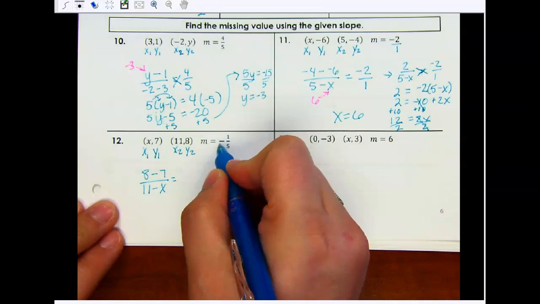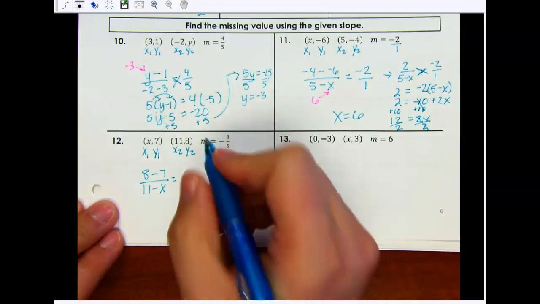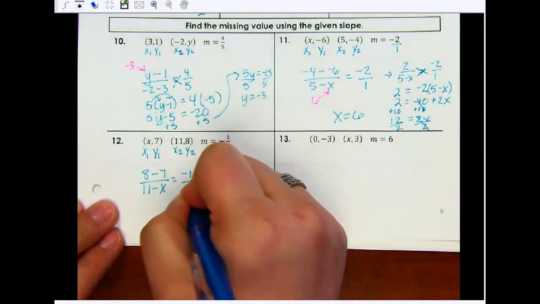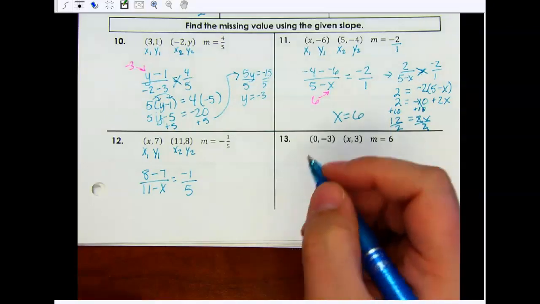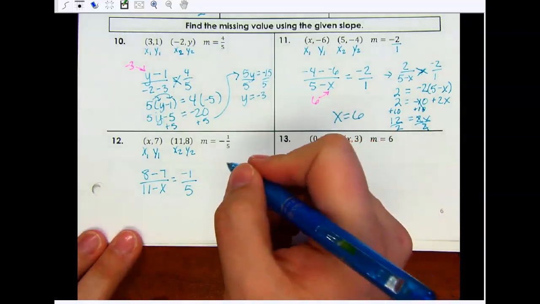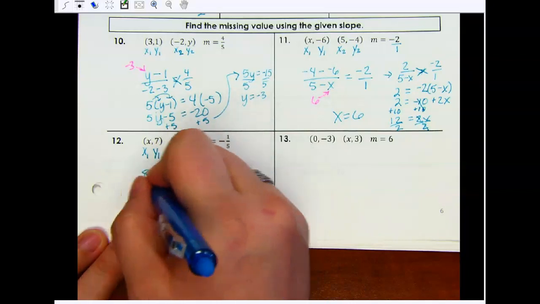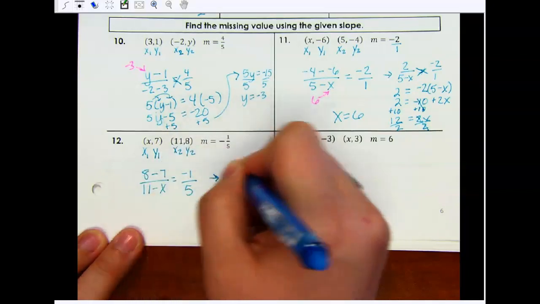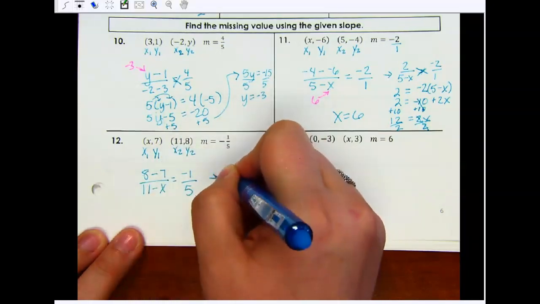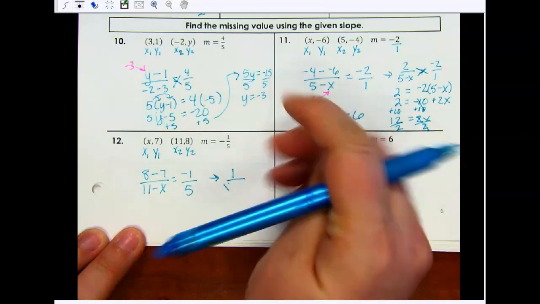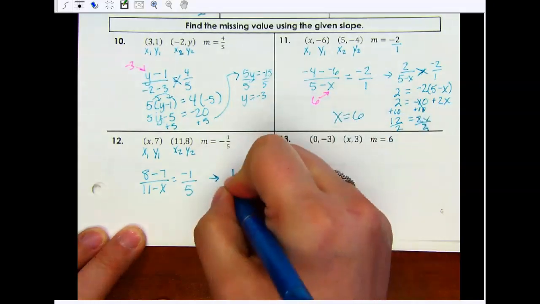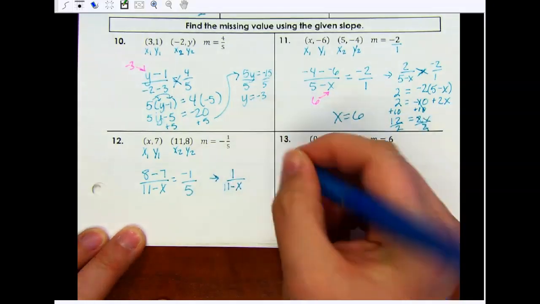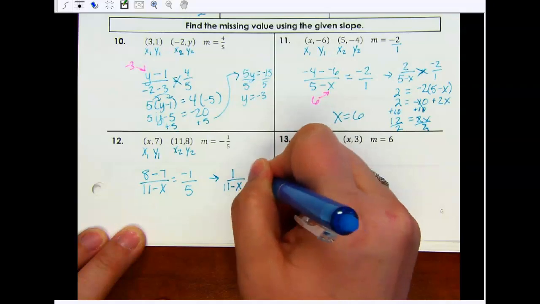If it has a negative like this, I always just put it with the top number, so negative 1 over 5, so that when I cross multiply, I know to put the negative with the 1 and not the 5. So then I can simplify this and get 8 minus 7 is 1 over 11 minus x, not x minus 11. And it does make a difference. Make sure that you put them in the right order.